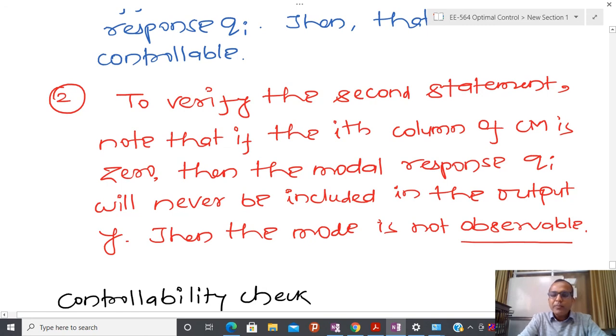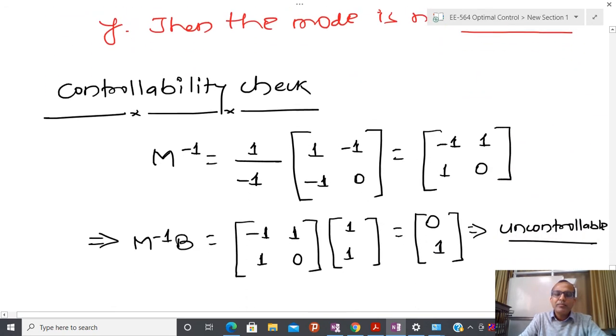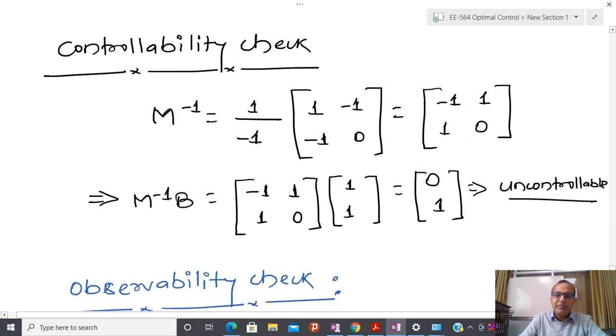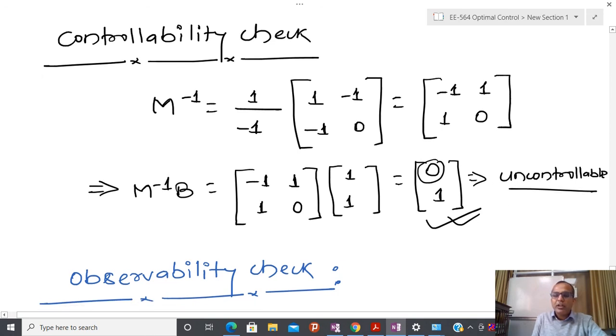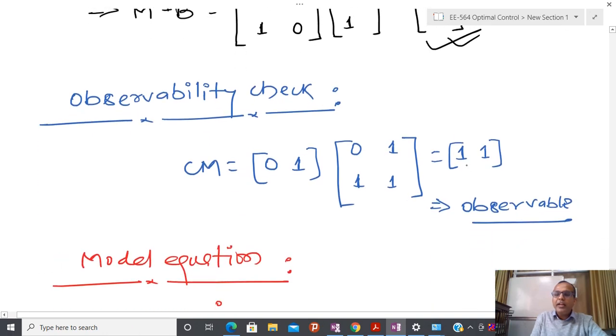Now let us try to apply this criteria, whatever criteria we have developed, to check whether our result remains consistent or not. And you can see here M inverse B, if you calculate, then again this one element becomes 0, and due to that reason this is uncontrollable, but here all elements are non-zero, and due to that reason this is observable.